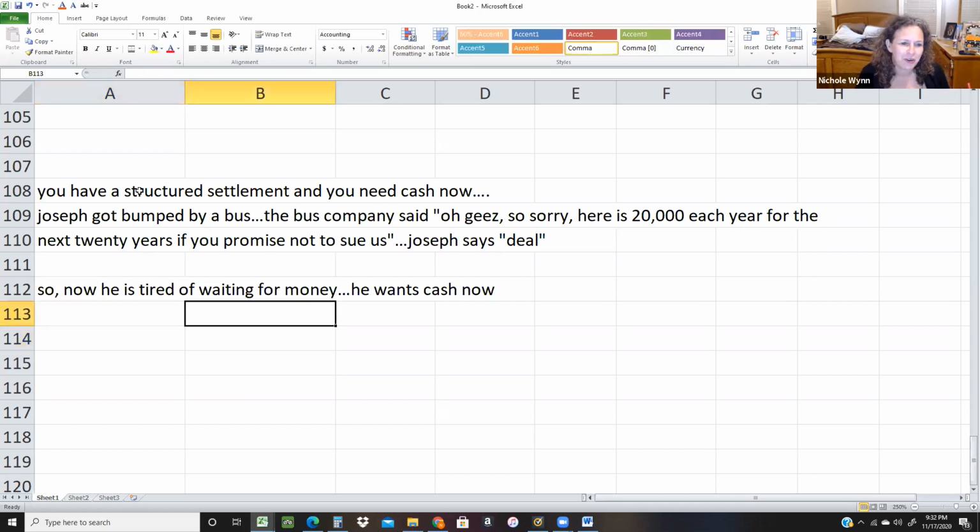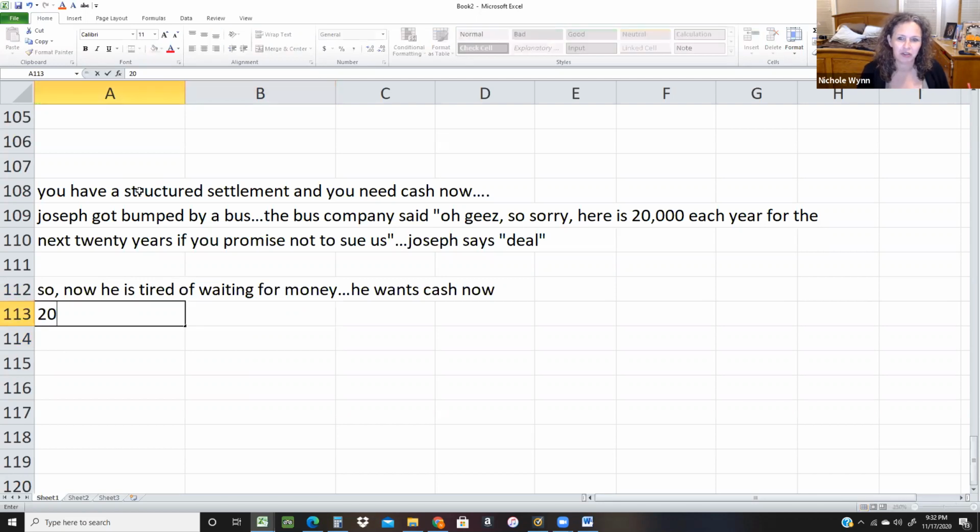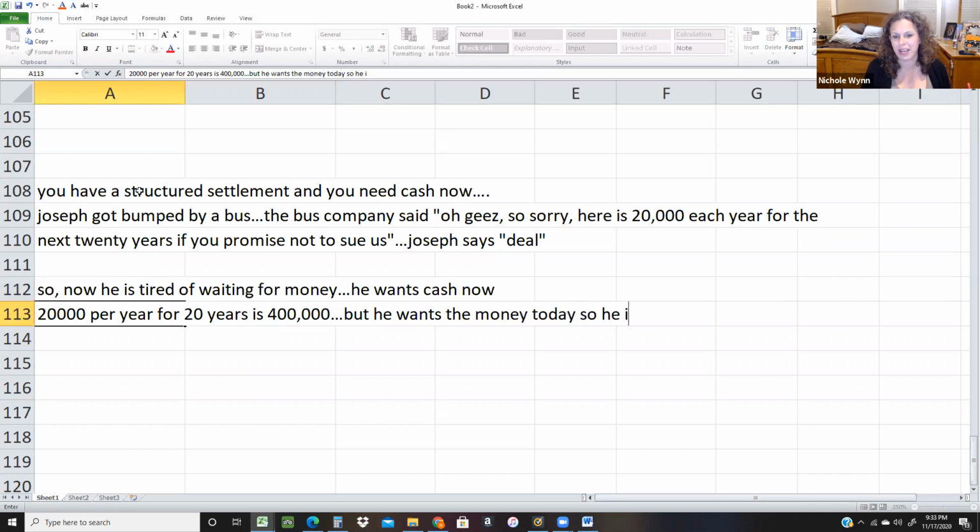Okay, so what he's going to do is, 20,000 per year for 20 years is $400,000. But he wants the money today, so he is going to have to settle for less.